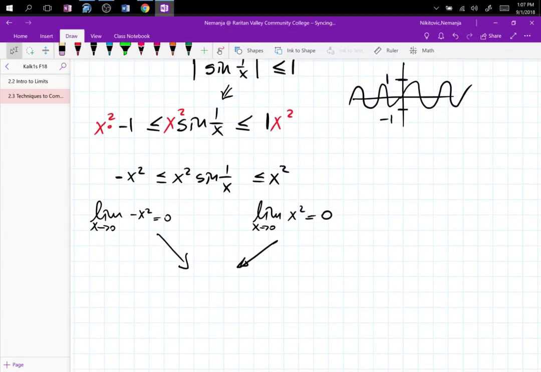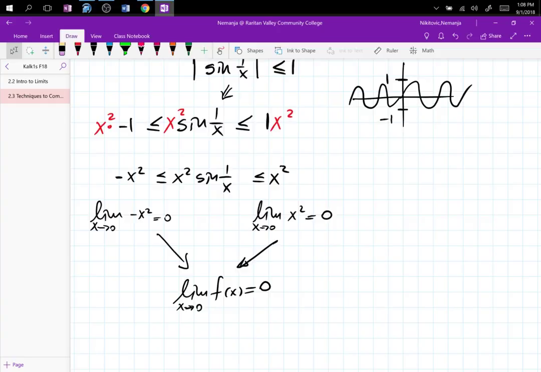Has to be 0, by the squeeze theorem, because it's squeezed in between. Right? The cheese has to go anywhere I take the bread. Right? Because it's squeezed, sandwiched in.